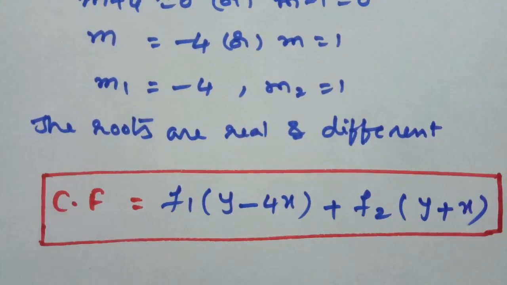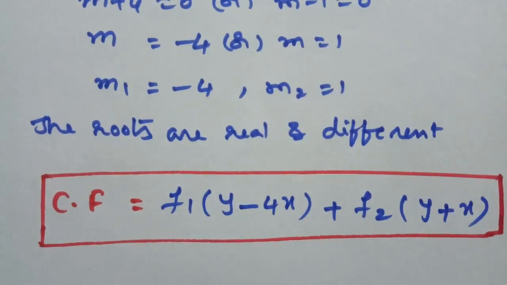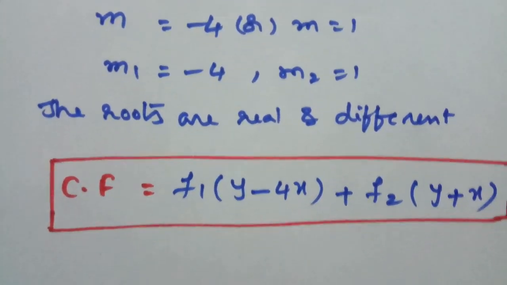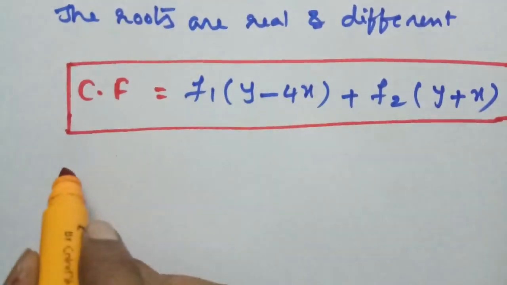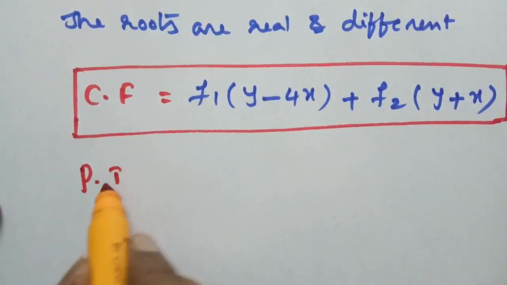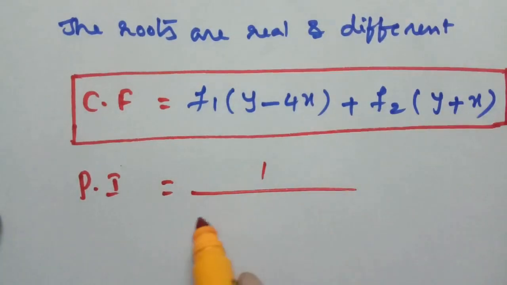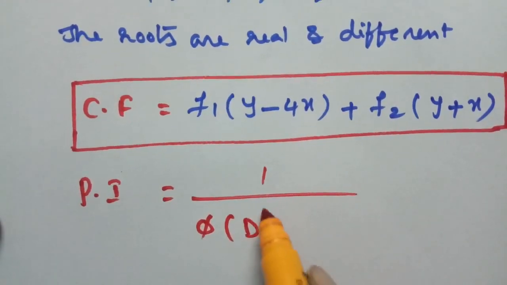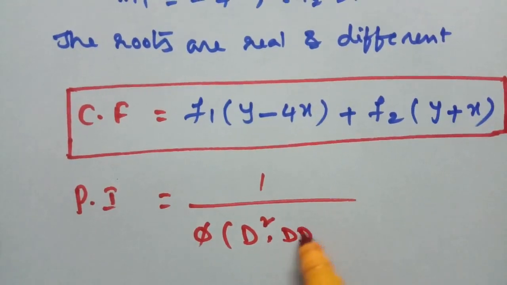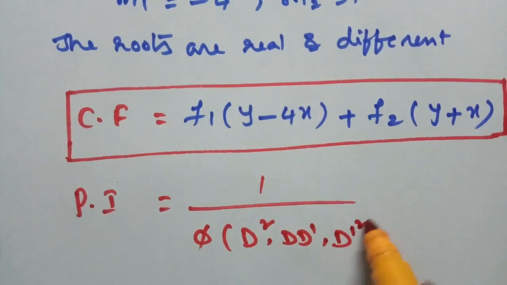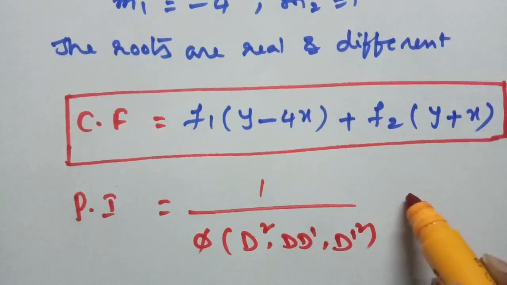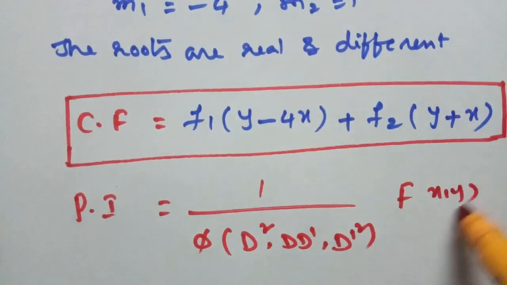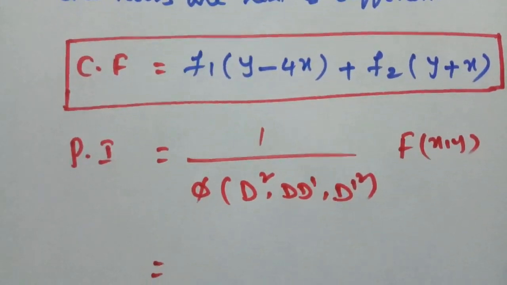Here we are substituting m1 equal to minus 4 and m2 is equal to 1. Therefore, the particular integral PI can be written as 1 by phi of D square, D dash square into f of x comma y.